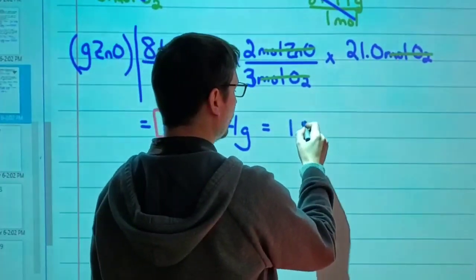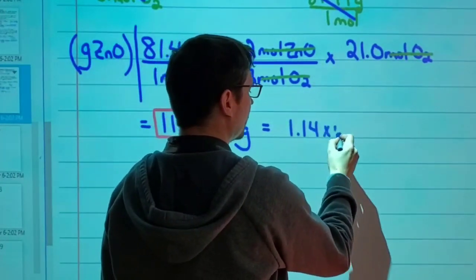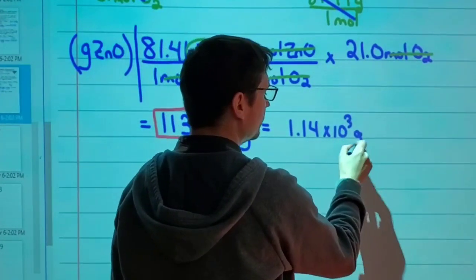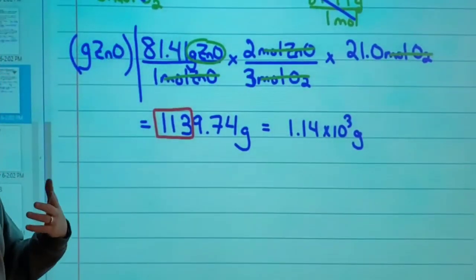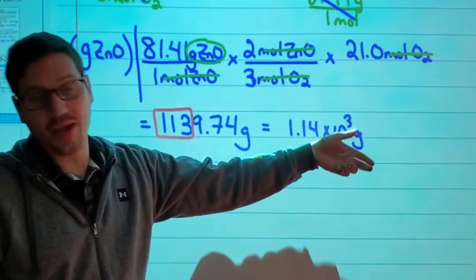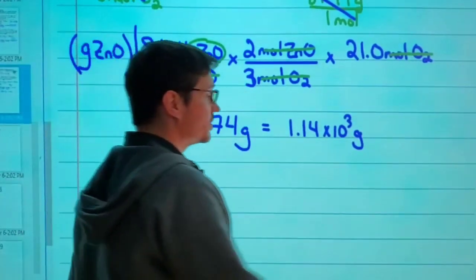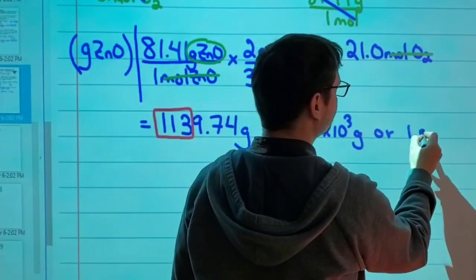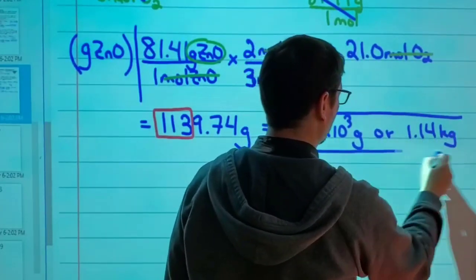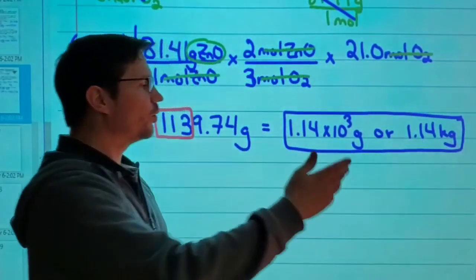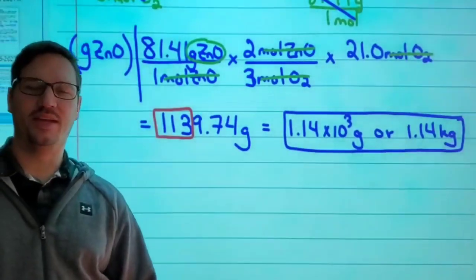So 1.14 times 10 to the 3 grams. Now, people who are really good at unit conversions will know that times 10 to the 3 grams is just kilograms. So you could also say 1.14 kilograms. But either one of those is great. Either one of those is a fantastic answer.